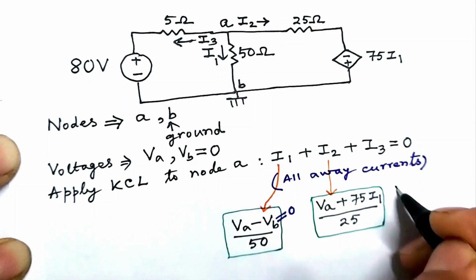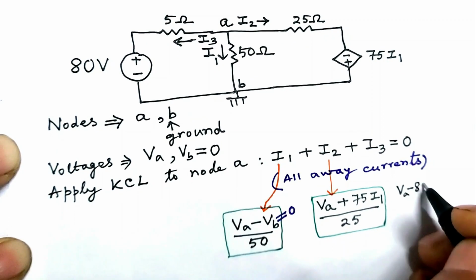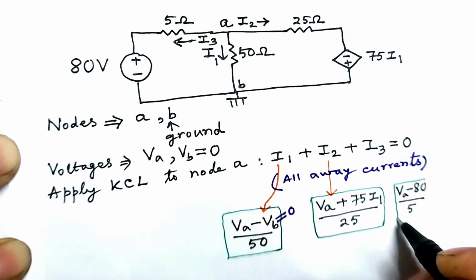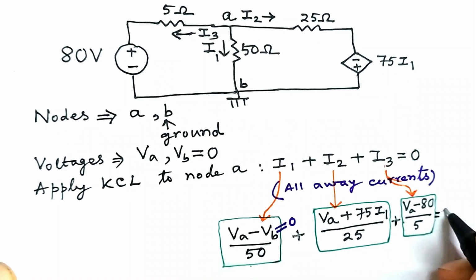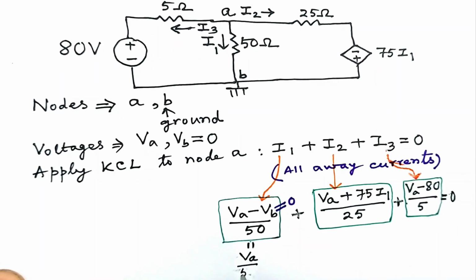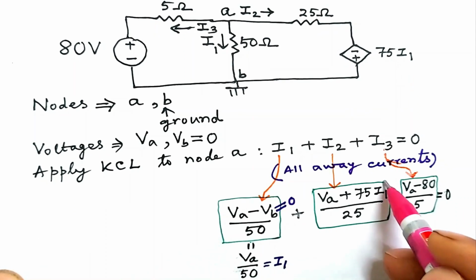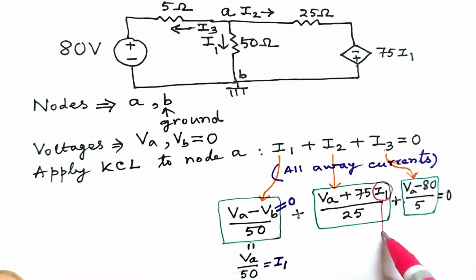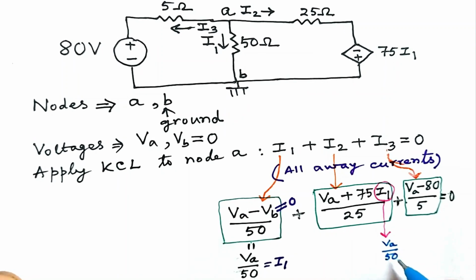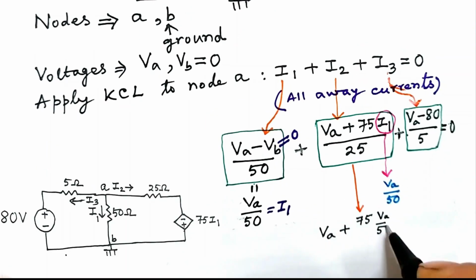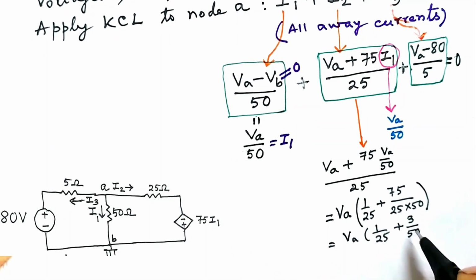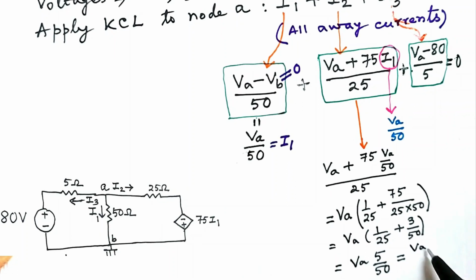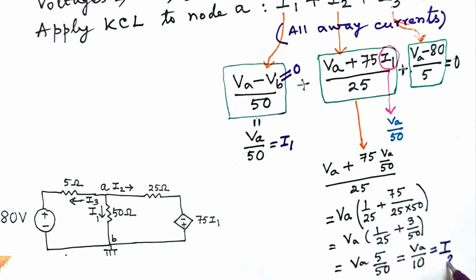This is I2. Now I3, it is VA minus 80 volt divided by 5 ohm. Set up the equation. This is VA by 50, it is I1. In the second factor, replace I1 by VA by 50 and simplify, we get VA by 10, which is I2.